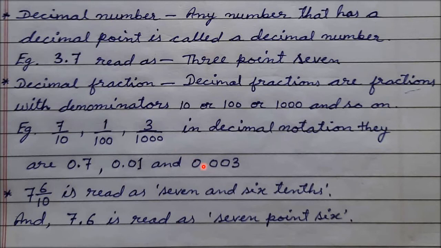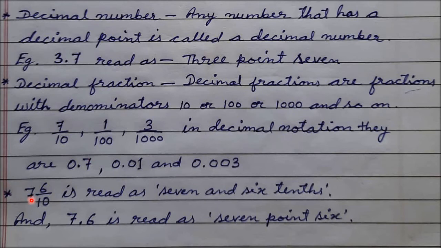That means after the point, first place tenths, second place hundredths and third place thousandths. So here is 3 by 1000, so 0.003, 1 by 100, so 0.01, 7 by 10, 0.7.